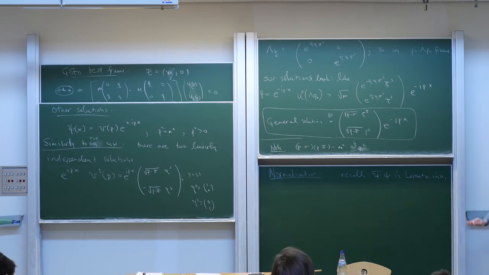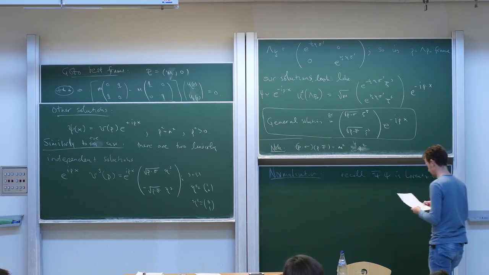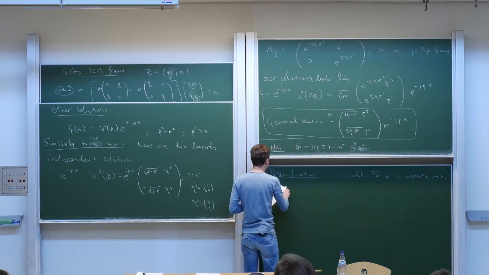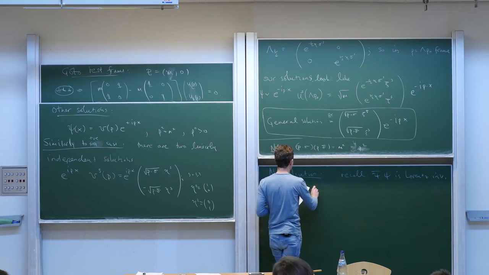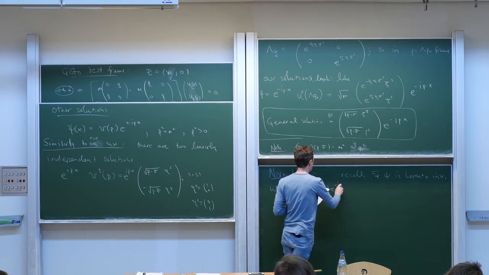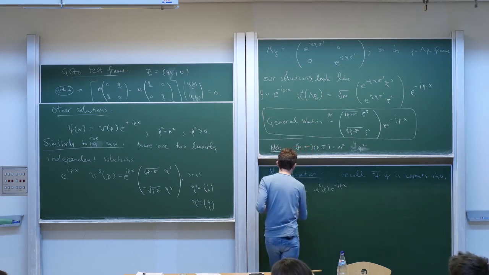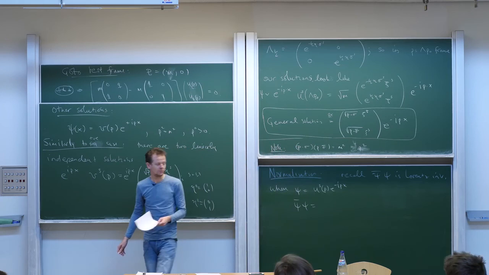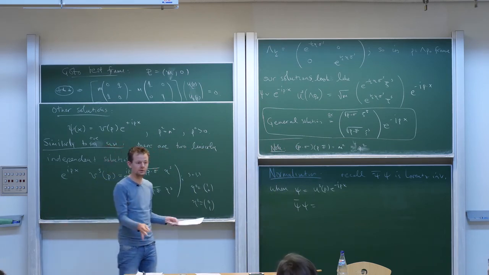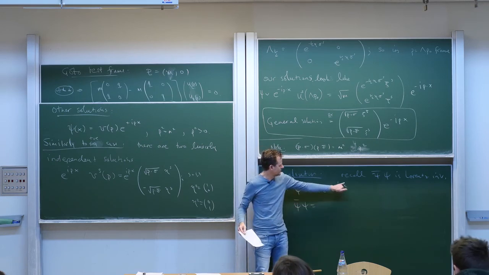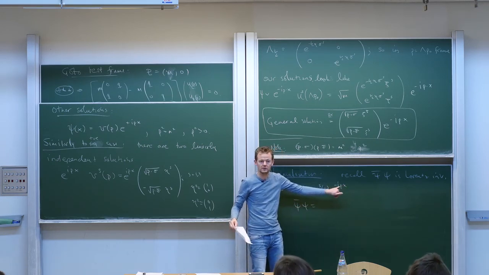So psi bar psi is Lorentz invariant. So this is how we're going to take our inner products. So when psi equals one of our two fundamental positive frequency solutions, psi bar psi is pretty easy because you've got an adjoint which gets rid of this phase factor.